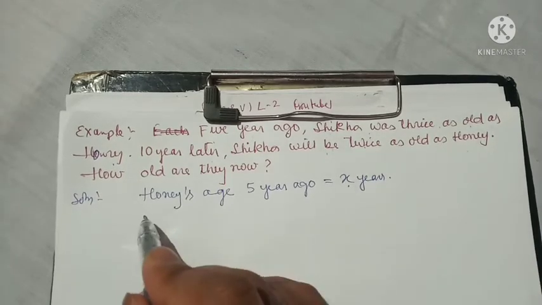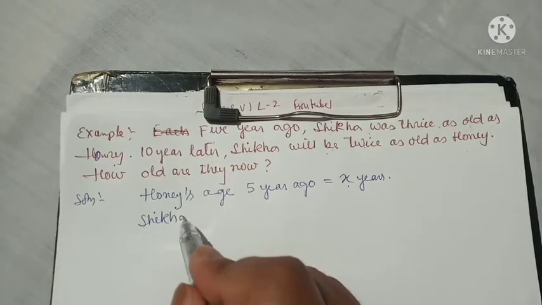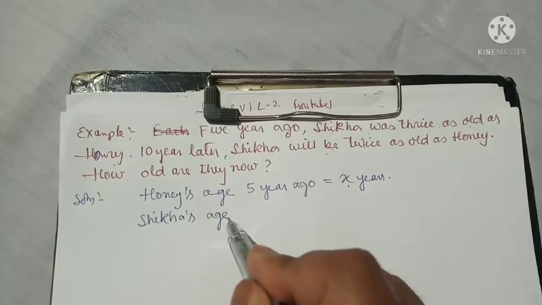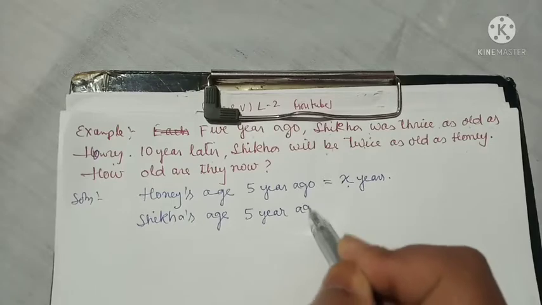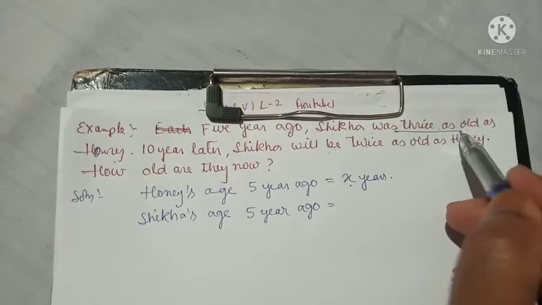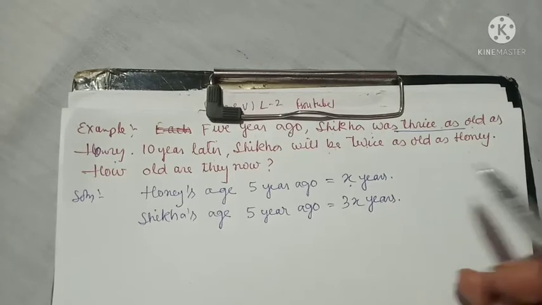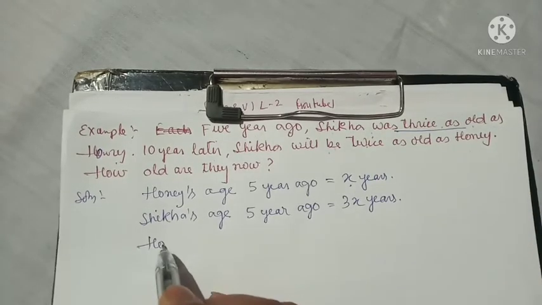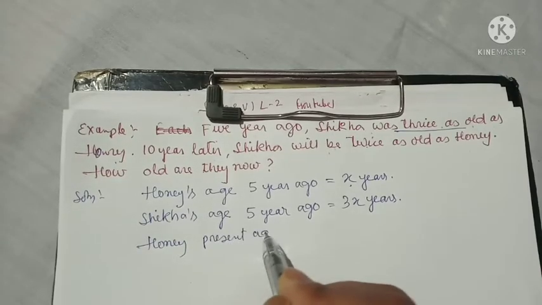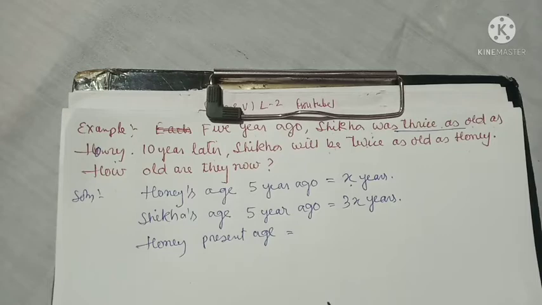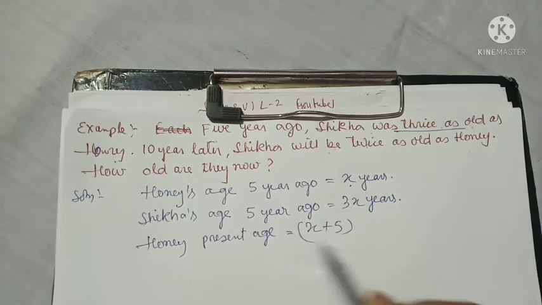Then the second one is Sikha, 5 years ago. What will be the age of Sikha 5 years ago? That is thrice, 3x years. And again, Honey's present age. The present age of Honey will be x plus 5 years.